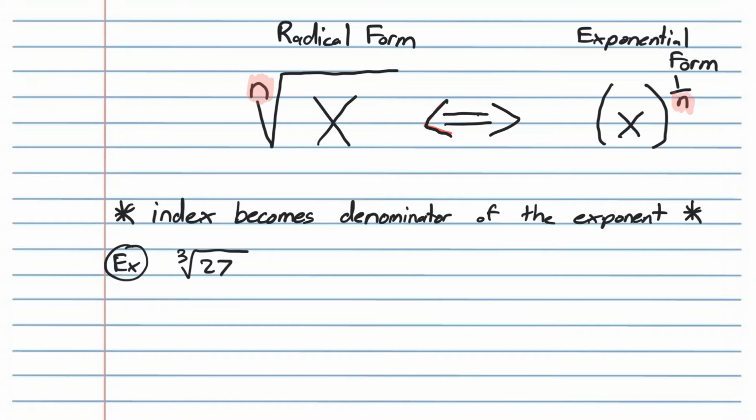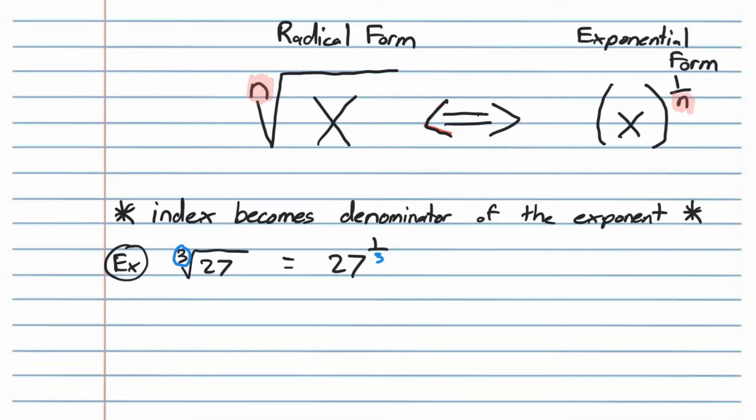Today's video, I just want you to change the format. So change it to exponential form. Again, the key is in that index number, which in this question is 3. So the main number is 27, and it gets raised to a power of 1 over 3. That's all I want to focus on in this video and the assignment that goes along with it: how do you go from one format to the other?